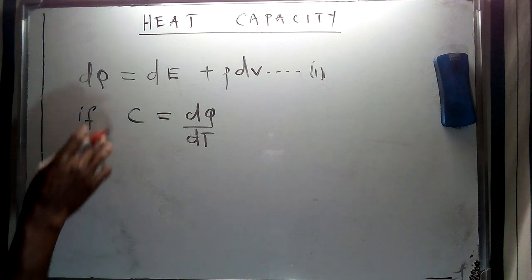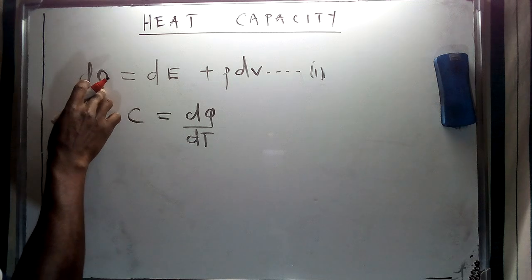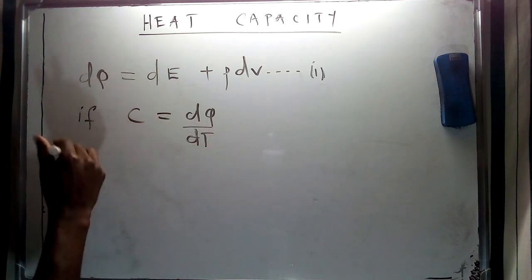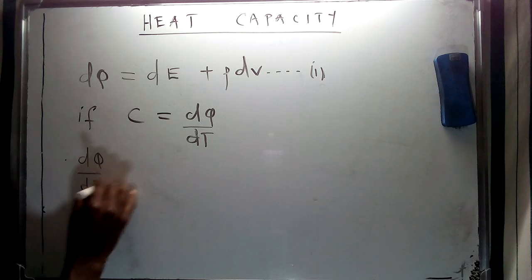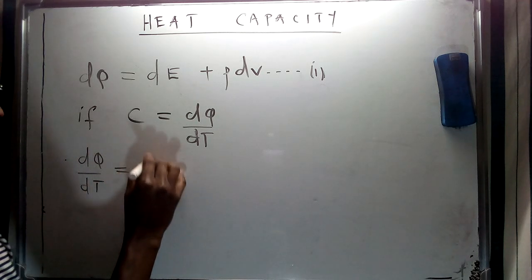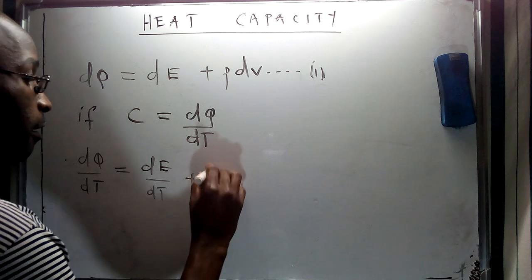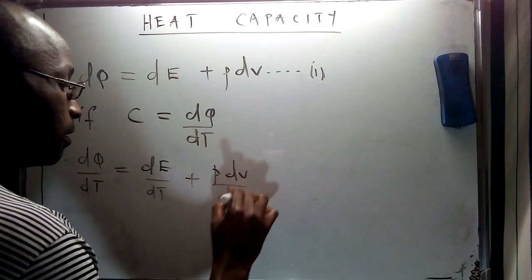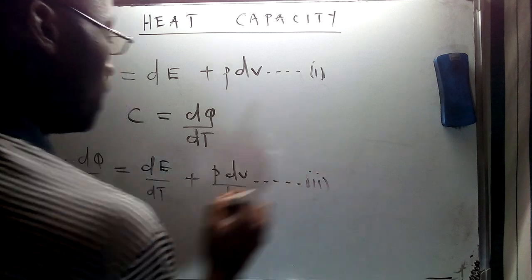We can describe our first equation from the first law of thermodynamics in terms of heat capacity by dividing this equation by dT. We have a different version of equation 1 divided by dT, given as dE over dT plus P dV over dT. This forms our equation 2.